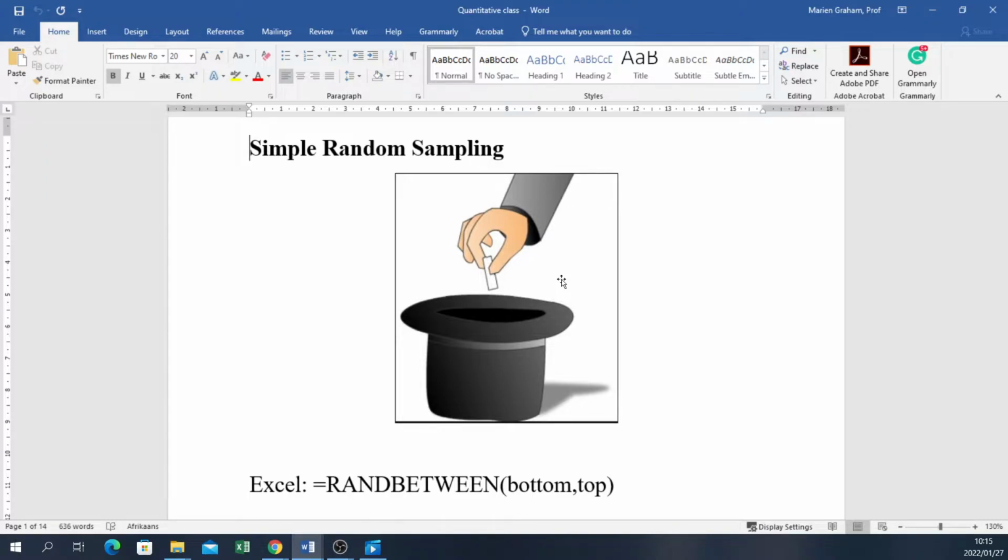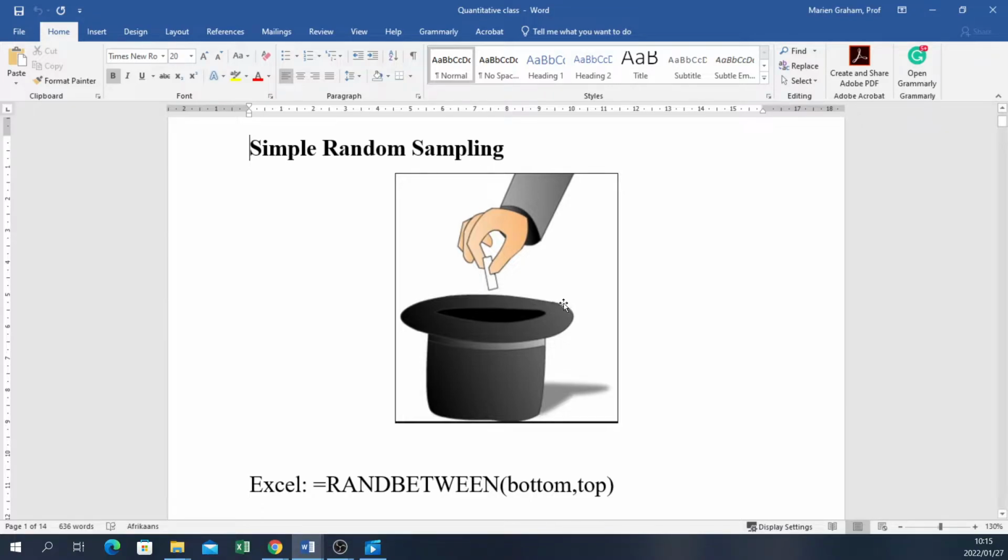You write the names of students or the student numbers on the piece of paper, you throw it in a hat, you close your eyes, and you pull a couple of names. That is the idea behind a simple random sampling. People like this approach because everyone has an equal chance to be selected.